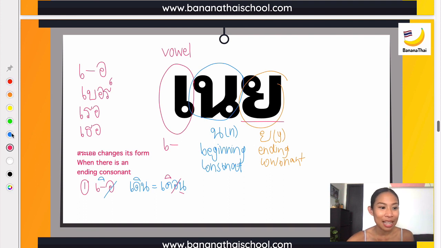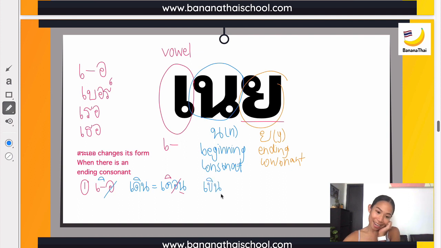The word เขิน, which means shy. The word เริ่ม, which means to start. When there is an ending consonant, o-ang changes to be sara i on top.